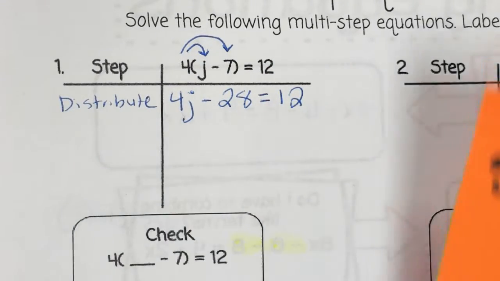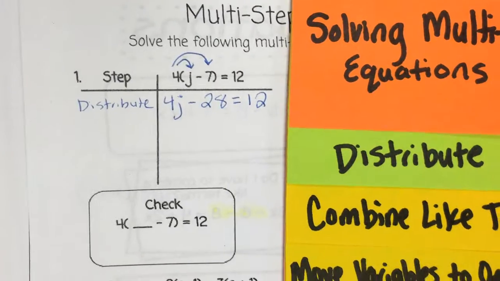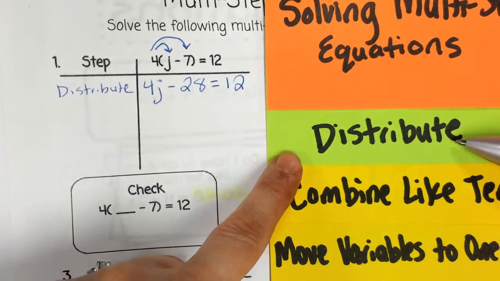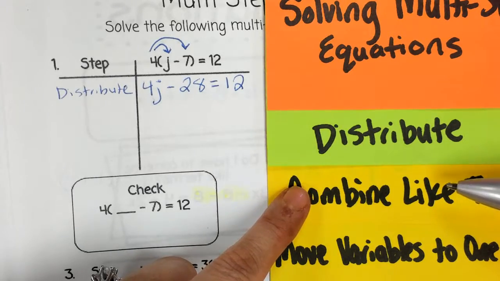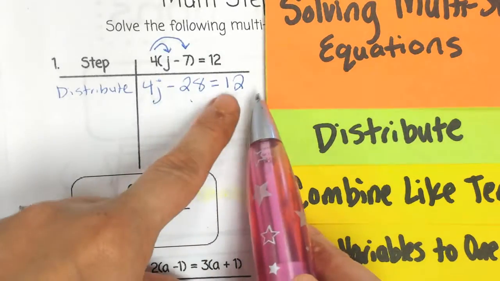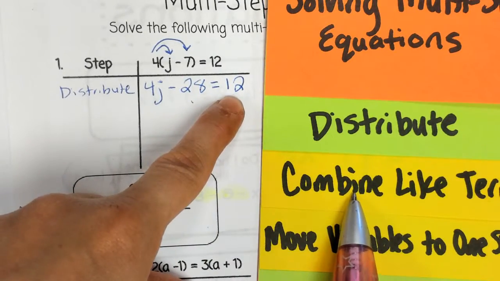So look at your foldable as you do this. This is an example of where we don't have to use all the steps. So first distribute, I did have to do that. Combine like terms. So you look on the left side, any like terms over here? Look on the right side, any over there? No, that means I can skip this step.